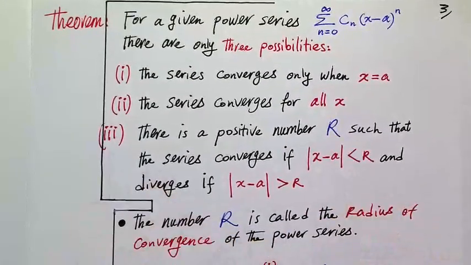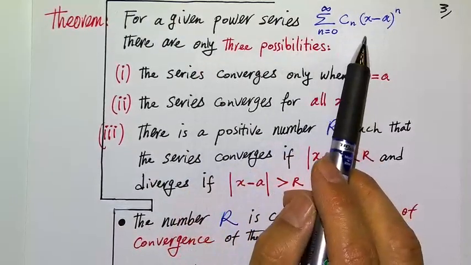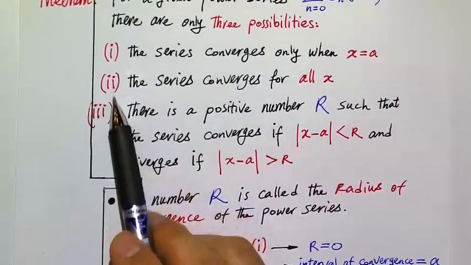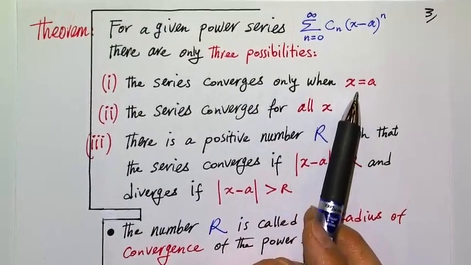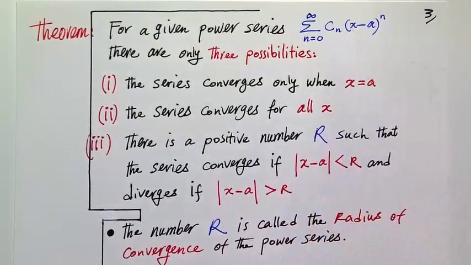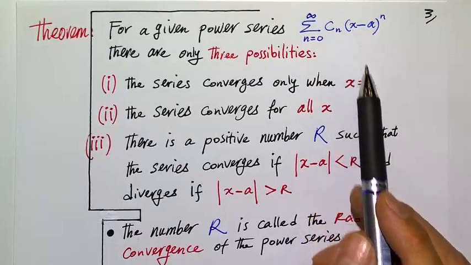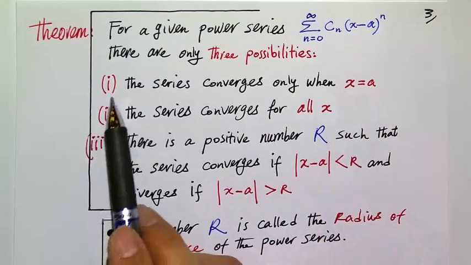All of this is part of a single theorem, and we say that for a given power series, there are only 3 possibilities. The first is that the series converges only when x equals a. We just discussed in the previous slide that if x equals a, this power series always converges.